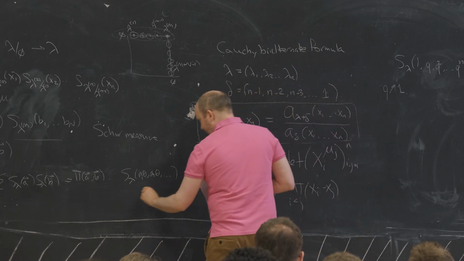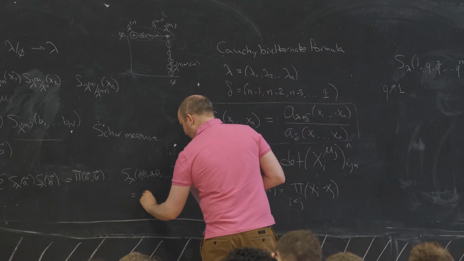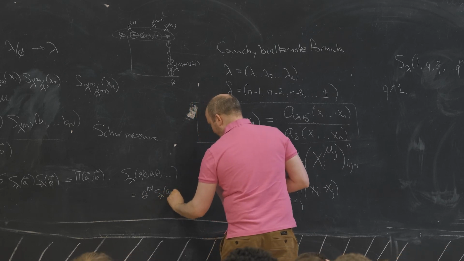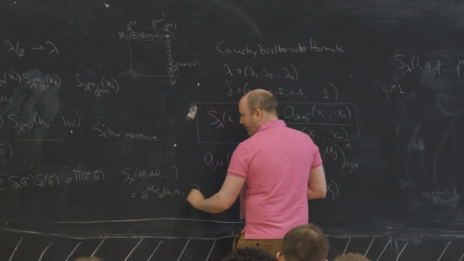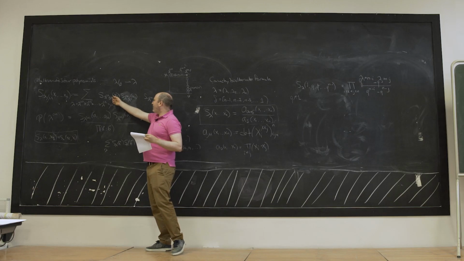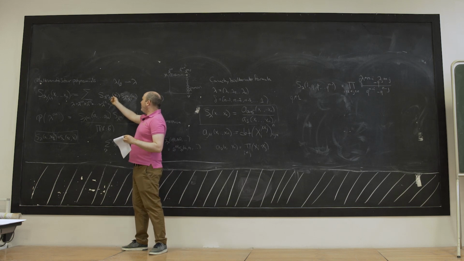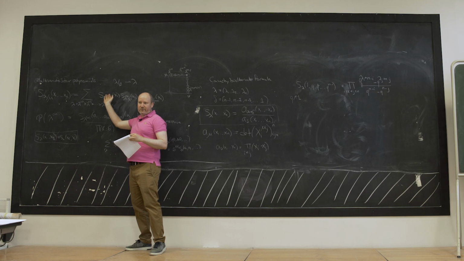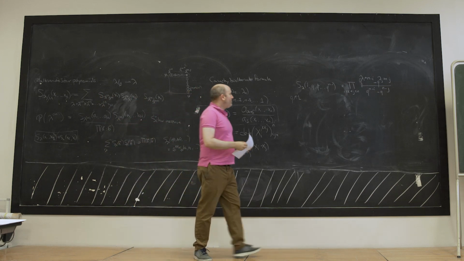And I get that this is theta to the size of lambda, and then s lambda in the remaining a's. This is because if each one of these has theta in it, then I get theta to the difference of these, and there's a telescoping that occurs, and so that's why it works.